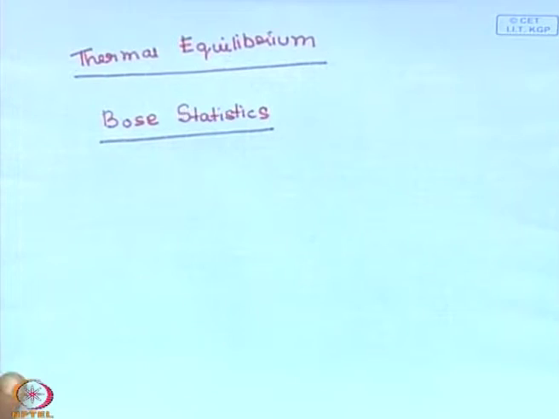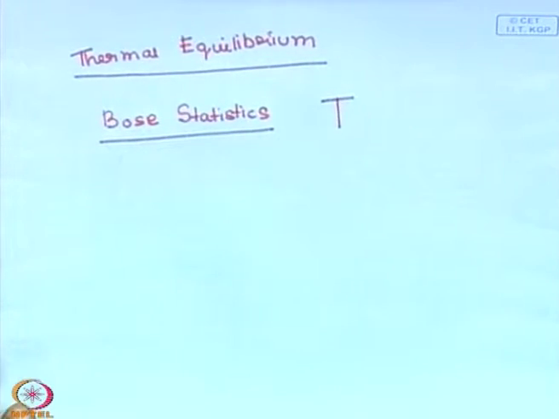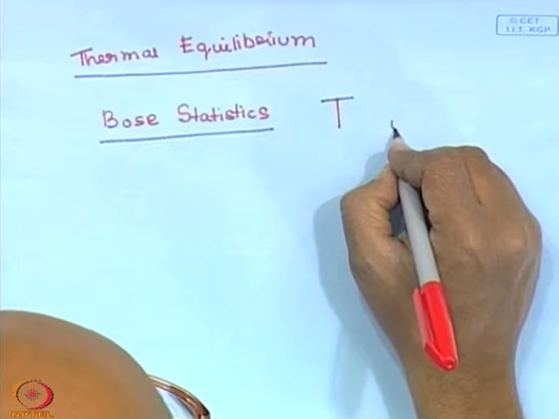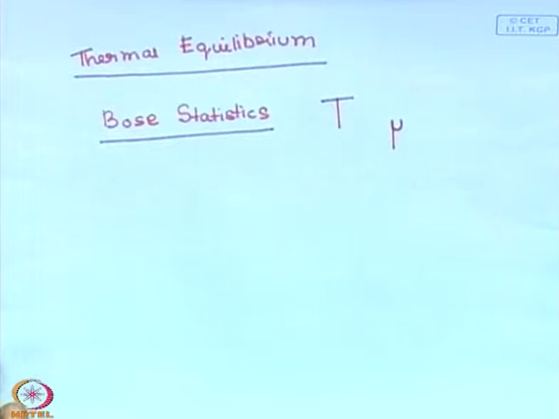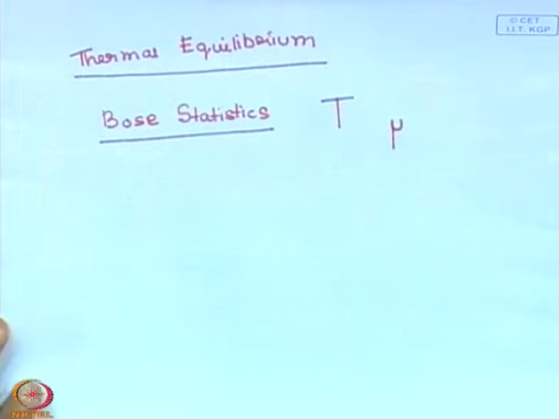There are two parameters here, the temperature of the system and the chemical potential mu. To completely specify a system of bosons in equilibrium, you need to tell the temperature and the chemical potential. The Bose distribution has two unknown parameters, the temperature and the chemical potential.